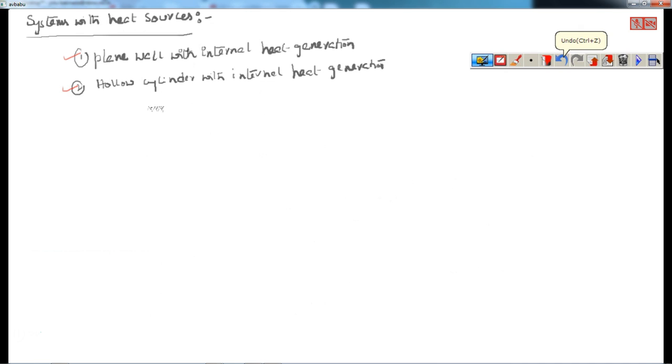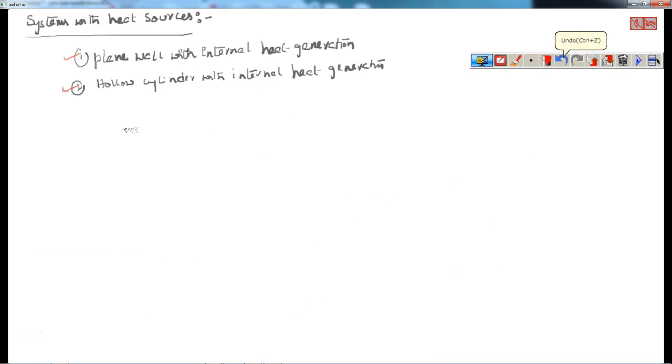There are many instances wherein heat absorption and heat generation take place. For example, in internal combustion engines heat energy is generated within the system. Similarly, in a nuclear reactor, due to nuclear fission, energy is generated in the system. Similarly, wherever combustion and chemical reactions take place, heat is generated within the system.